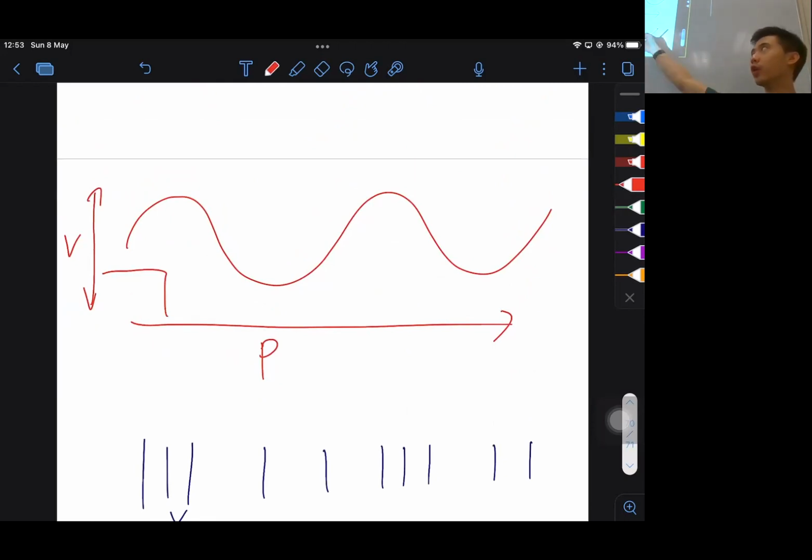For those who cannot remember the word propagation, it is just the direction of wave travel. If you don't want to write propagation, you just write the direction where the wave is traveling in. The direction of wave travel.